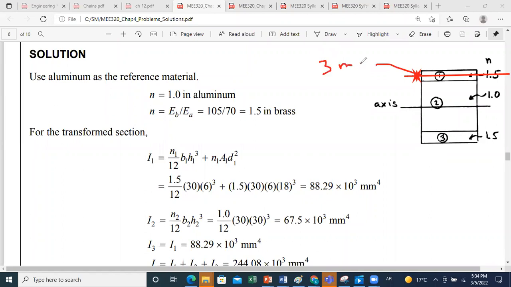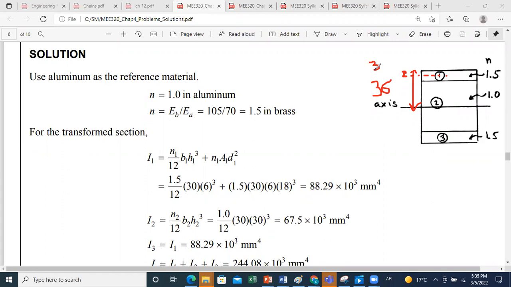And as we said, we have 6 here. So 6, 30, 30. Okay. So the distance from the top to the neutral axis is 36 millimeters. And we should subtract from it the distance from the top to the axis passing by the centroid of area 1, which is 3 millimeters.